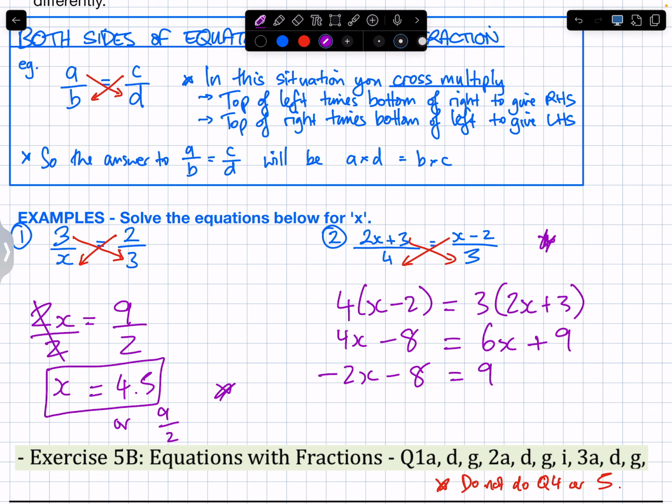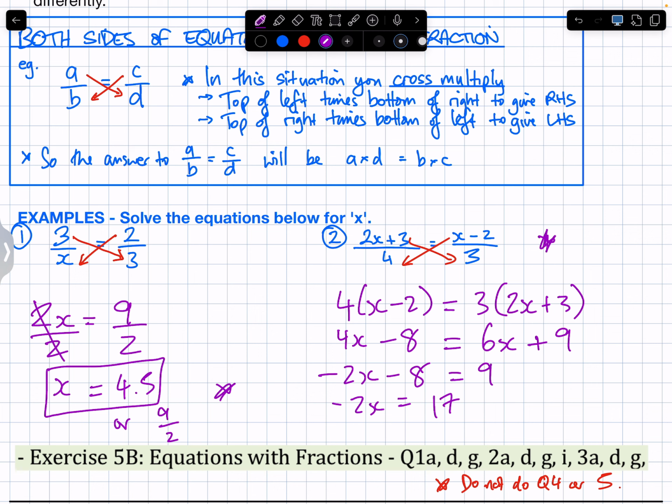Almost done. I need to get rid of that take 8. What's the opposite of taking 8 from something? Adding 8. So negative 2x is going to be, what's 9 add 8? 17. What's negative 2 doing to x? There's a sign between the negative 2 and the x there.